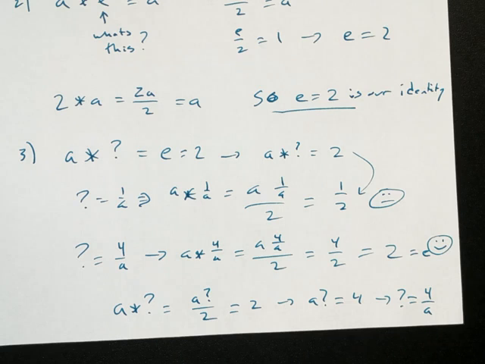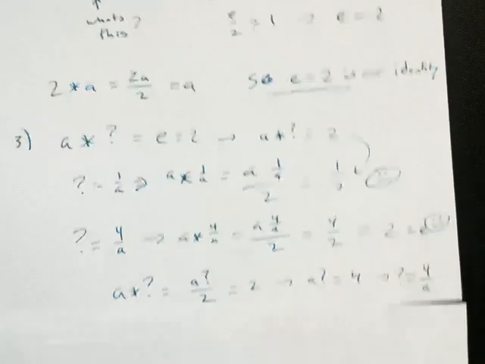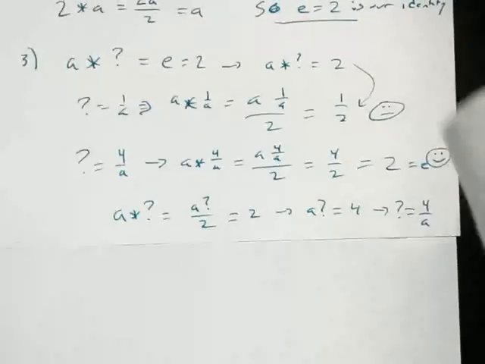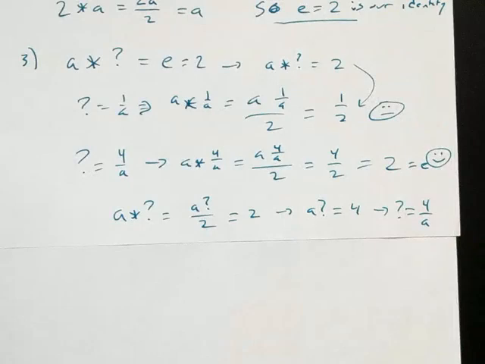But wait, there's more. Is it abelian? What's that? Why, Jalen? So if the question mark comes for star A, we should get the same answer. Yes, but that only shows it to be true for the inverse. Abelian is now about everything in the group.